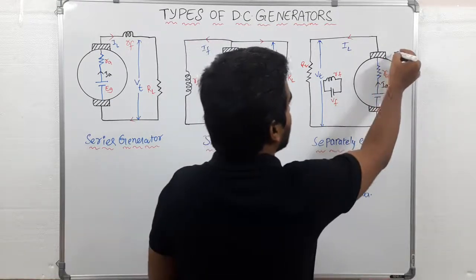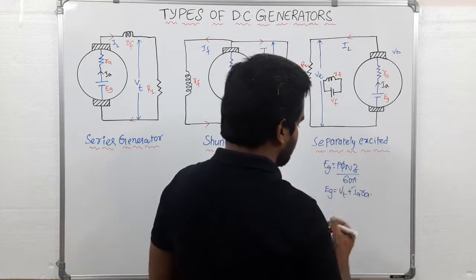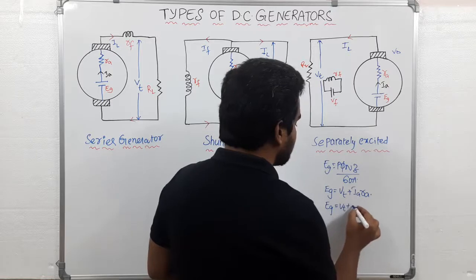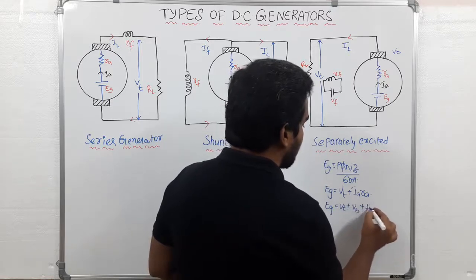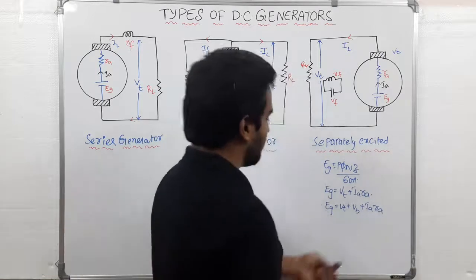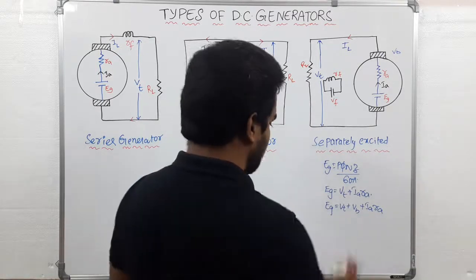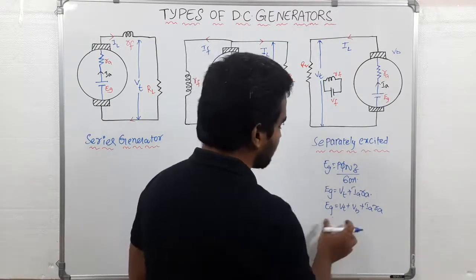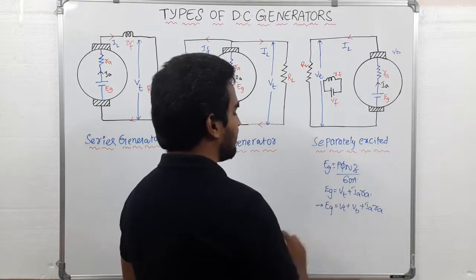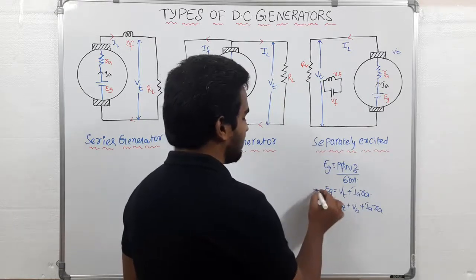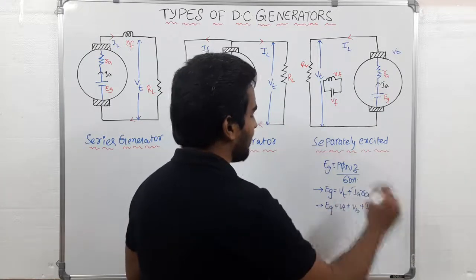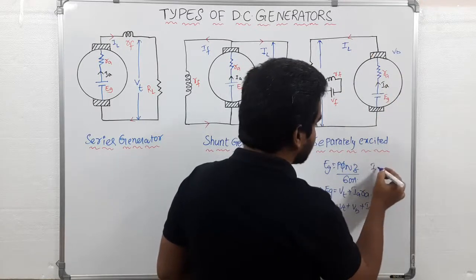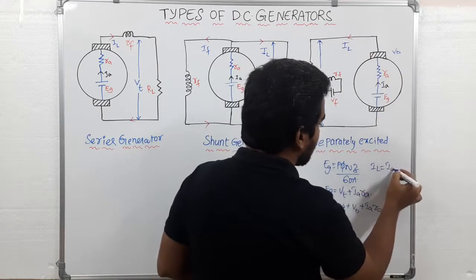If we consider voltage drop across the brushes, then Eg equal to Vt plus Vb plus Ia Ra, where Vb is voltage drop across the brushes. Most of the cases we neglect that. If we neglect voltage drop across the brushes, Eg will become Vt plus Ia Ra. Here load current is equal to armature current, IL equal to Ia.